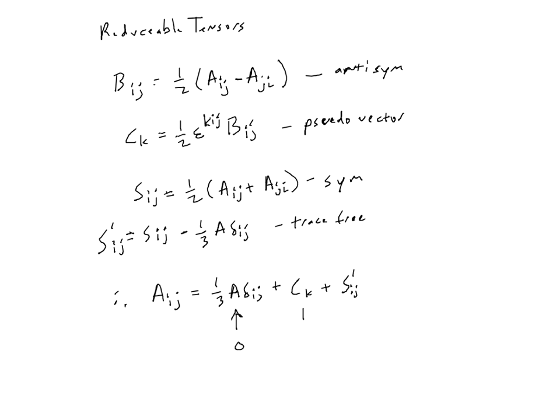So this is rank 0, this is rank 1, and this is rank 2. And so we've reduced our tensor down to its basic components. All right. Any questions?